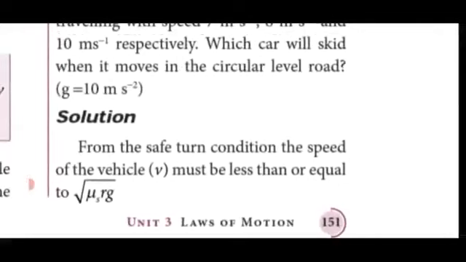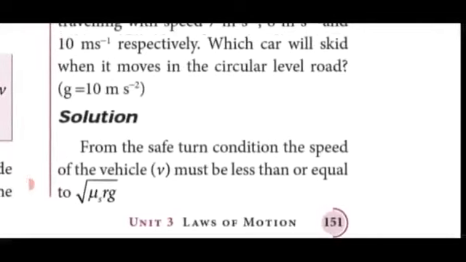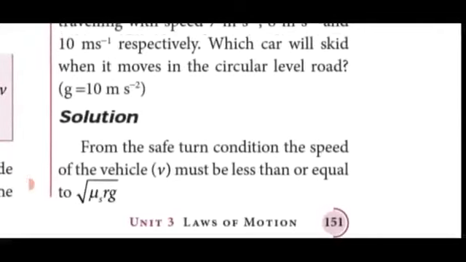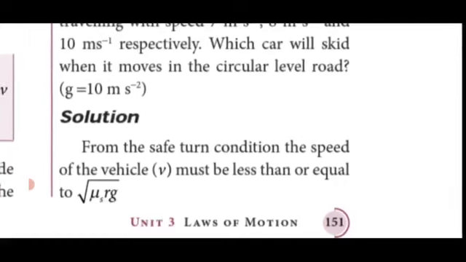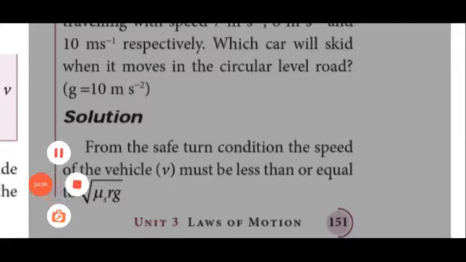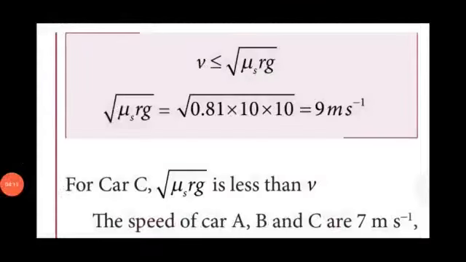From the safe turn condition, what is the safe turn condition? v must be less than or equal to root of mu s rg. So all the values are given.